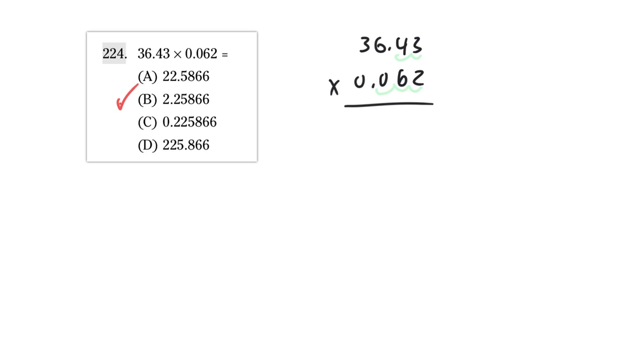So we have 3 times 2 is 6, 4 times 2 is 8, 6 times 2 is 12, carry the 1, 3 times 2 is 6, plus that extra 1 is that. Let's not forget this 0 that we're supposed to put there. 3 times 6 is 18, 4 times 6 is 24, plus that 1 is 25, carry the 2, 6 times 6 is 36, plus 2 is 38, carry the 3, 3 times 6 is 18, plus that 3 is 21.